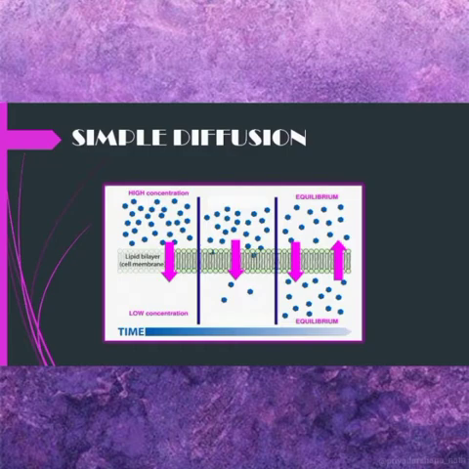When the concentration of molecules is different inside and outside of the cell membrane, a concentration gradient is established. Then the molecules move from higher concentration to lower concentration until equilibrium is reached. When the concentration of molecules becomes equal on both sides of the membrane, the transport process stops.